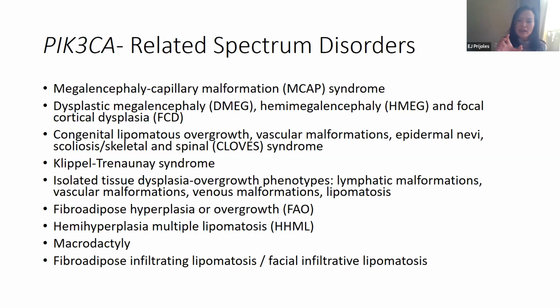That's why only certain areas may be affected by this genetic change. Often on blood work, we may not be able to find the PIK3CA variant, but on DNA testing of a particular affected tissue sample, we may be able to find or confirm this change.